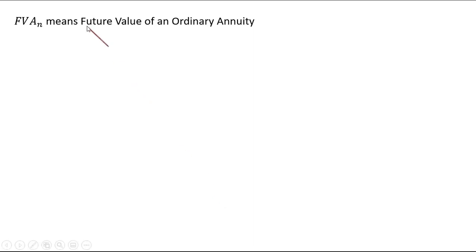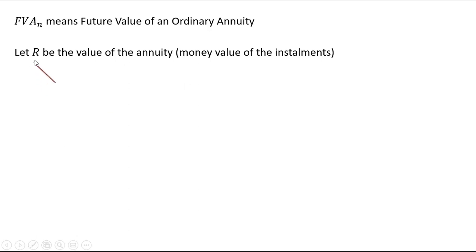FVA means future value of an ordinary annuity. Let us say capital R is the value of this annuity.